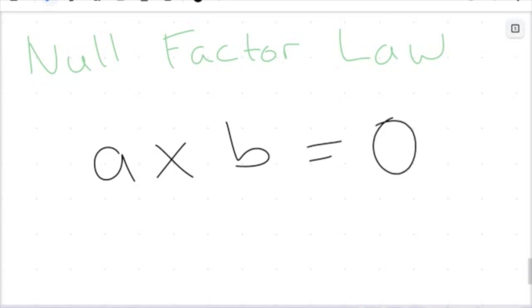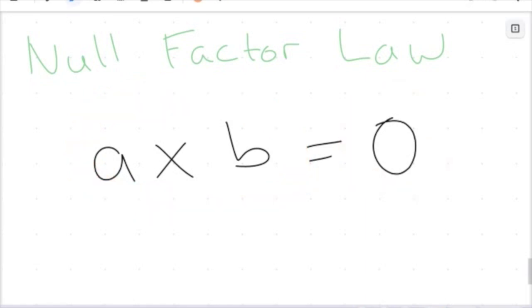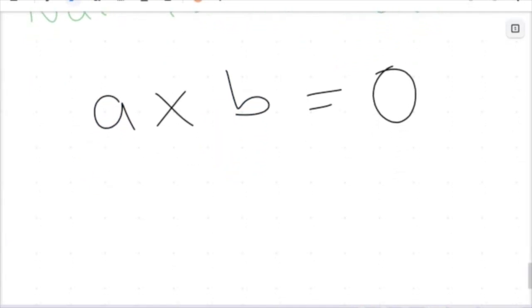equals 0. Now, the null factor law tells us that if the product of two numbers is 0, then either one or the other, or both, are 0. Because think about it. To get any product of 0, one of the numbers multiplying must be 0.